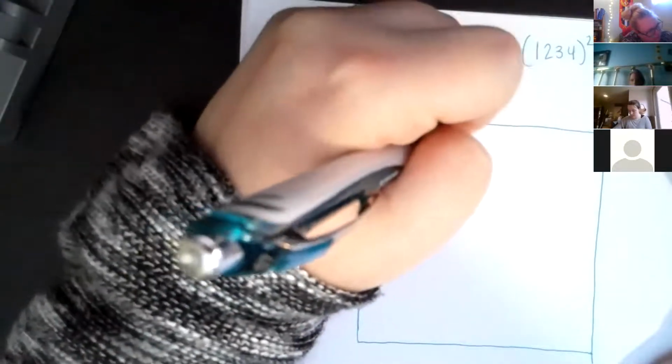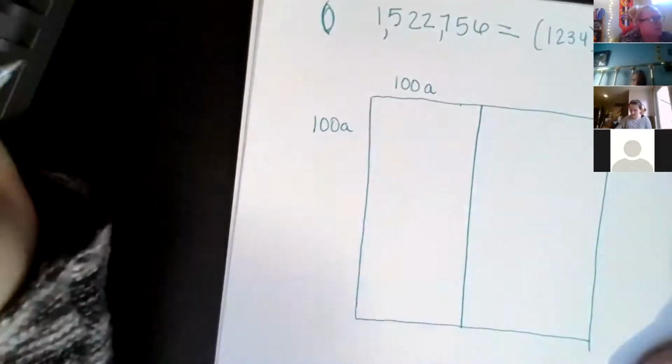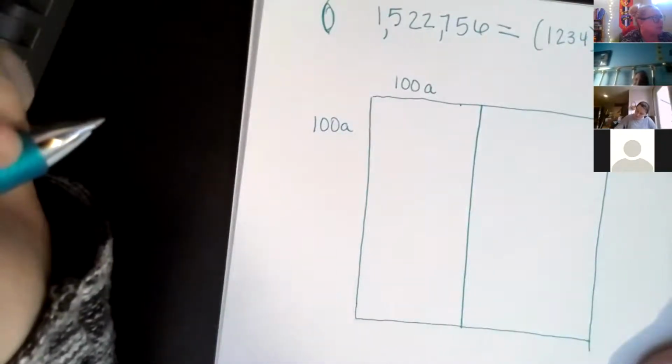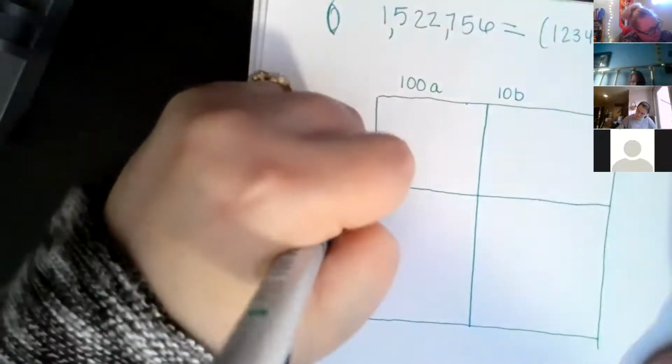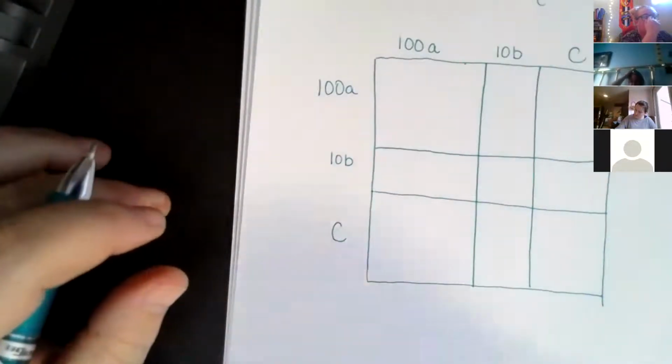Let's try that way. Yeah, that'll probably be it, instead of making 1,000 A and then trying to find 4 digits. Okay, so that's what we're looking at here.